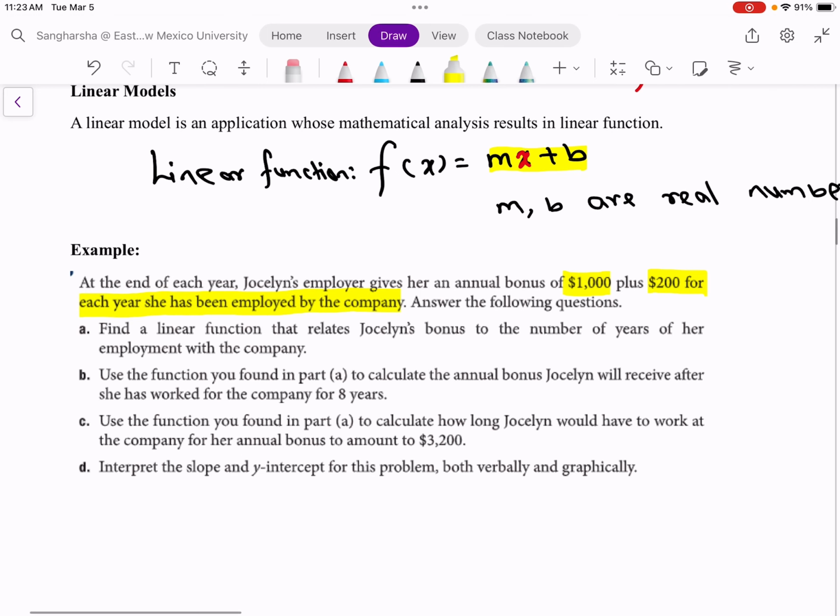Something very key here: she gets the bonus at the end of each year, and the bonus is $1,000 plus $200 for each year she has been employed by the company. So if this is the case, what would be the bonus that she received in her very first year?